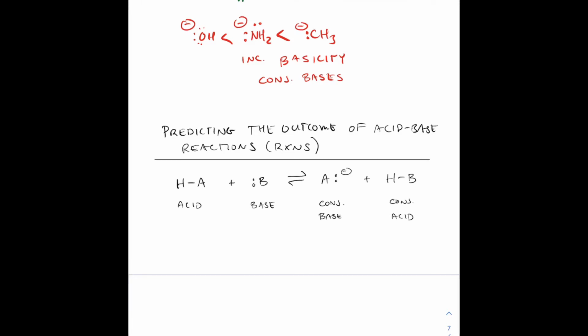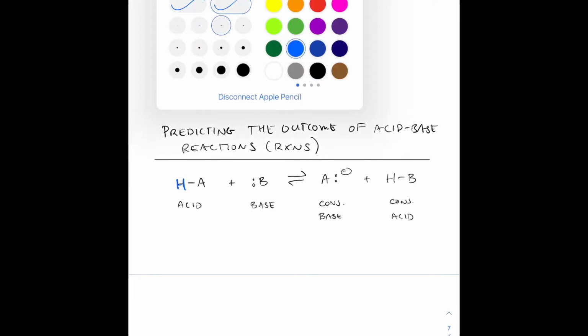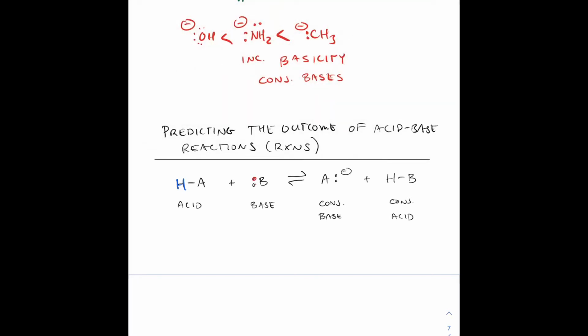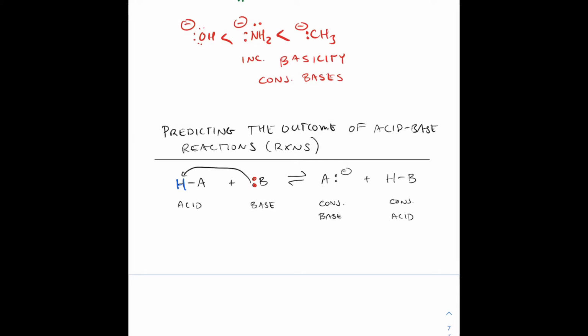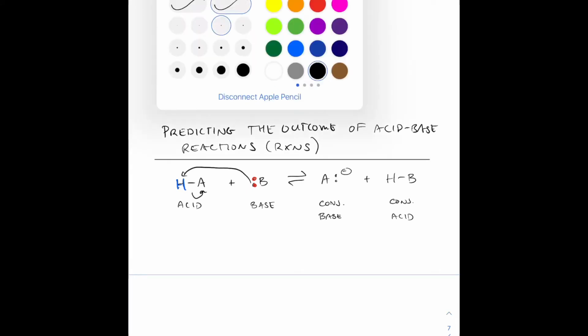And again, with the notation that the acids are going to be blue and the bases are going to be red, I'm highlighting this hydrogen in blue, and then I will highlight the lone pairs on the base in red, indicating the lone pairs are going to be doing the attacking of the proton H, the blue H on the acid.